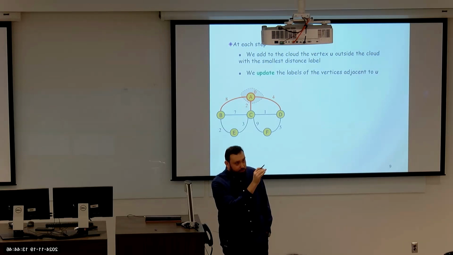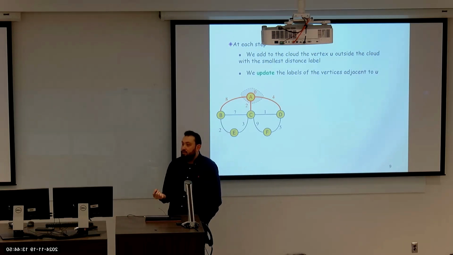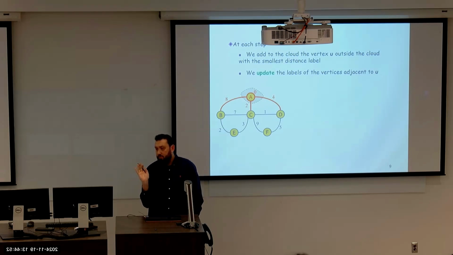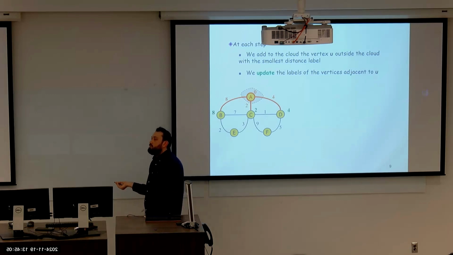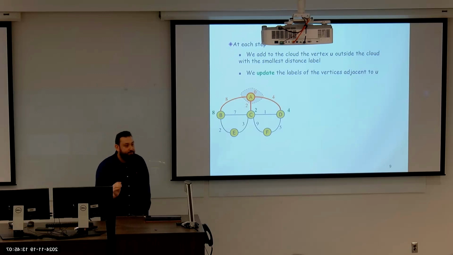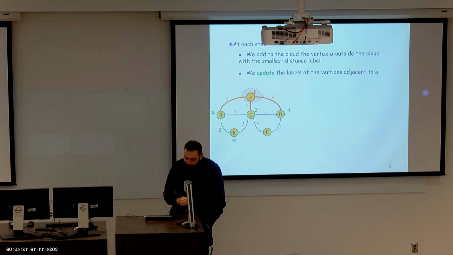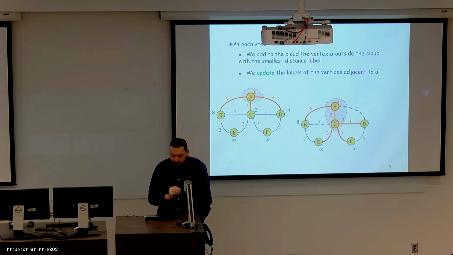BFS, you're going to start per order, but it's going to be like a cube. Here, because there are weights, it's not going to be per order. It's going to be per what? It's the shortest path. Per weight. If you look at this, guys, 8, 2, 4. Which one are we going to visit first? C, correct? So that's C.